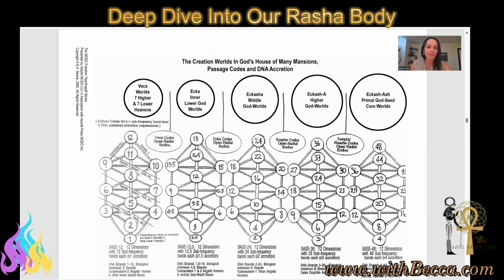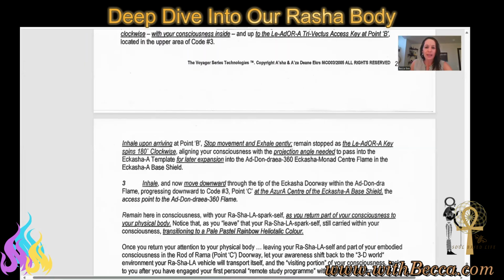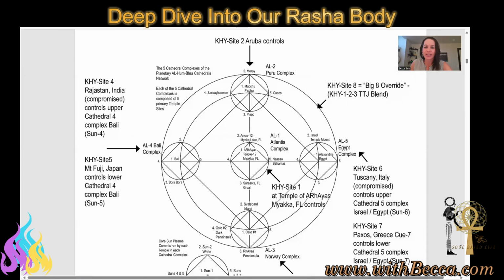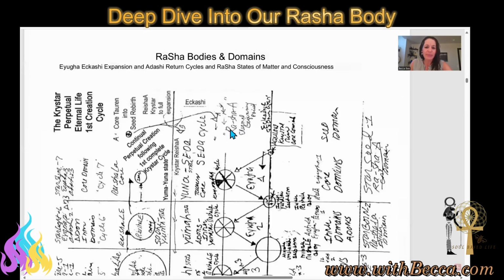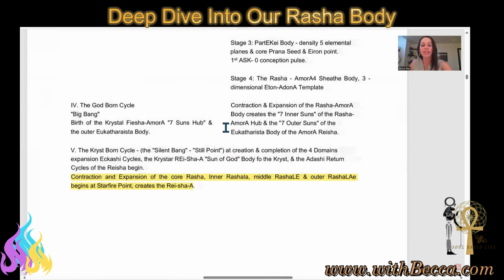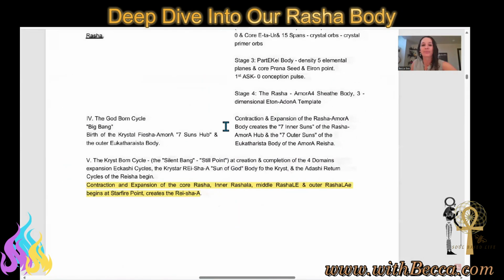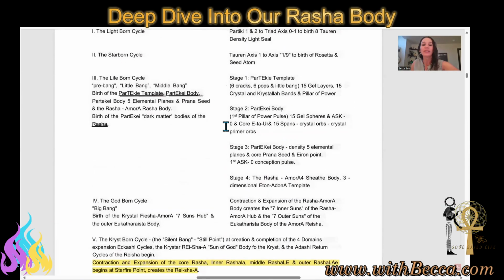So when we think of the term Rasha, we are going to be looking at a portion of our body. And let me just see where I'm at here with some of these. This is actually a pretty cool document, and this is coming from one of the Crystal River workshops.